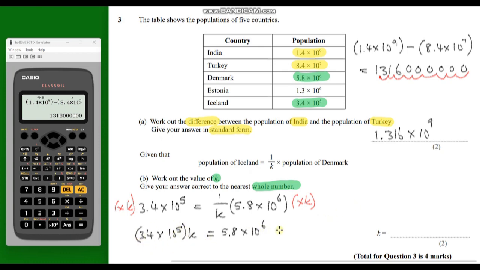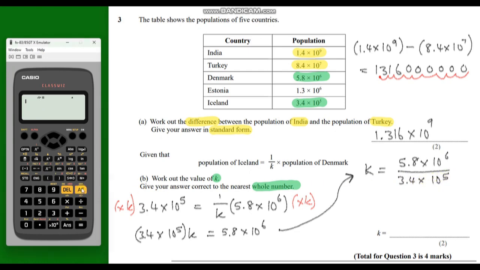So let's just bring it up here just so I've got a bit of room. So k is going to be equal to 5.8 times 10 to the power 6, all of that over this here, 3.4 times 10 to the power 5.